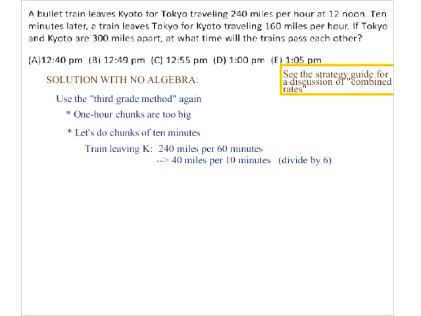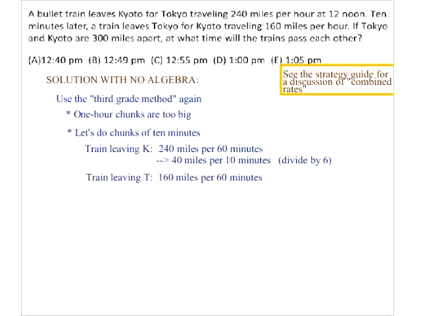And then the train leaving Tokyo is going 160 miles per 60 minutes. So this is not as nice, but if you divide by 6, you get, what is that? 26 2/3 per 10 minutes.